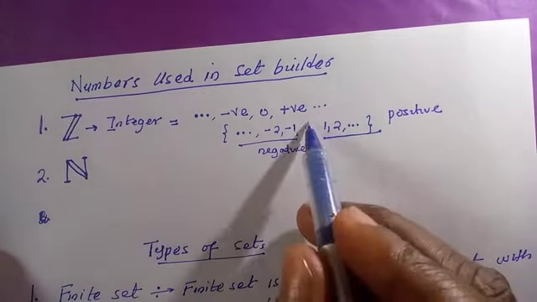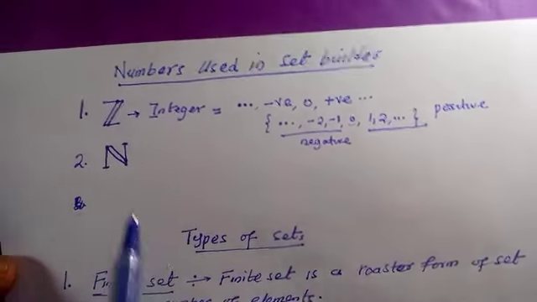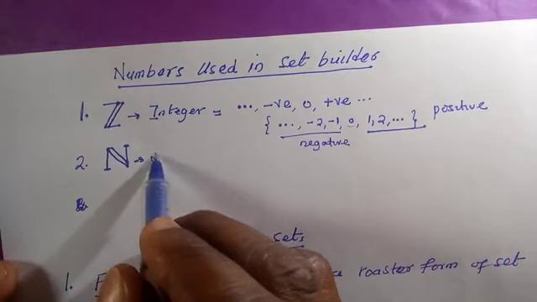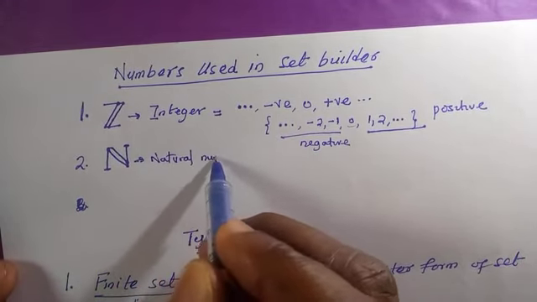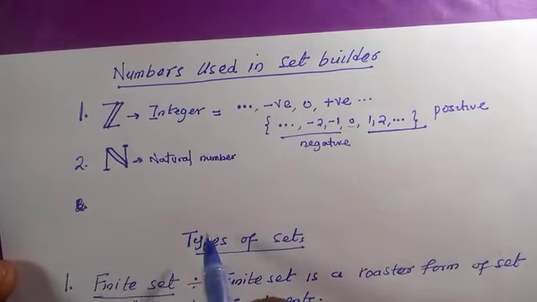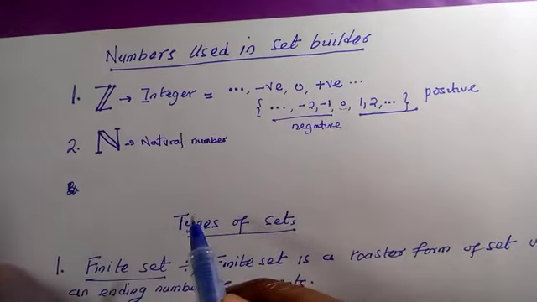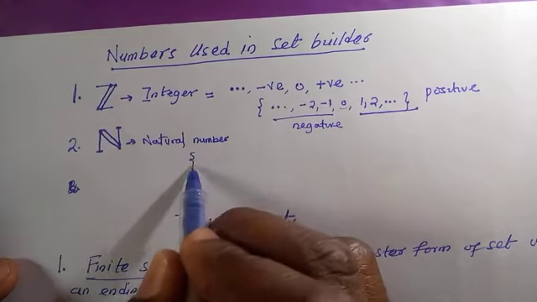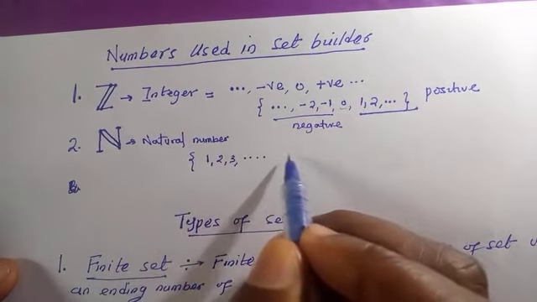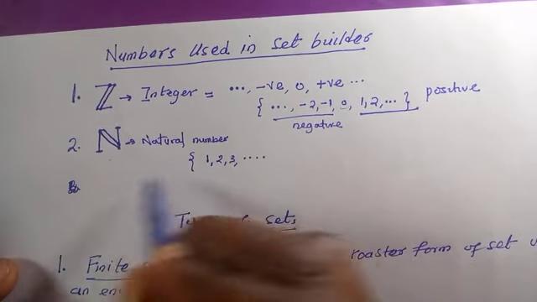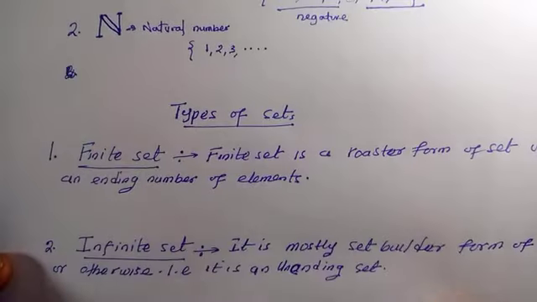Just like a number line, we have 0 at the middle, positive to the right and negative to the left. The natural numbers are given as N, and they are the numbers that start from 1. Any number that starts from 1 to positive infinity, as I explained earlier, we call natural numbers. As it implies, they are natural. And those are the values.